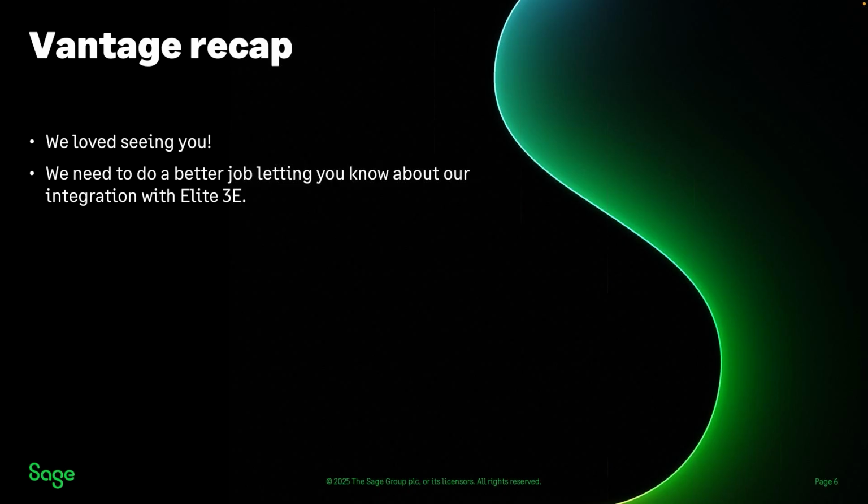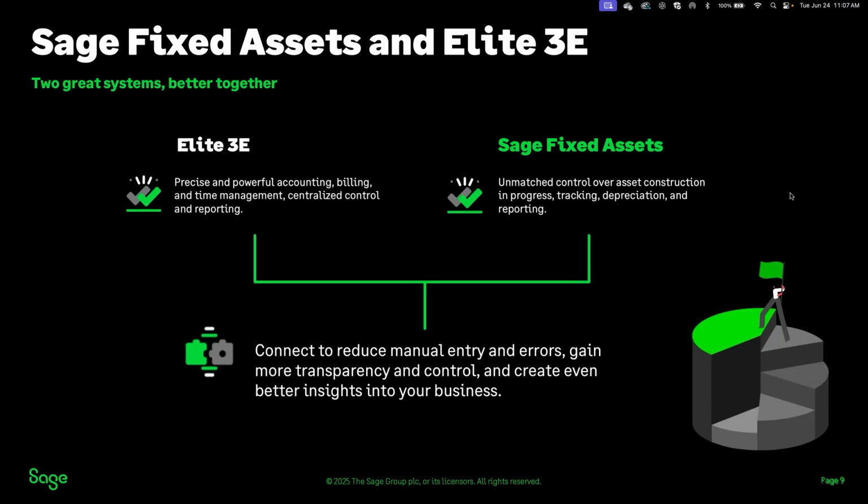So here today, we are going to show you both of those products, but we're going to focus on the integration and show you how streamlined you can make your operation when it comes to creating your assets from within 3E and moving those into Sage Fixed Assets. 3E by itself, excellent software.